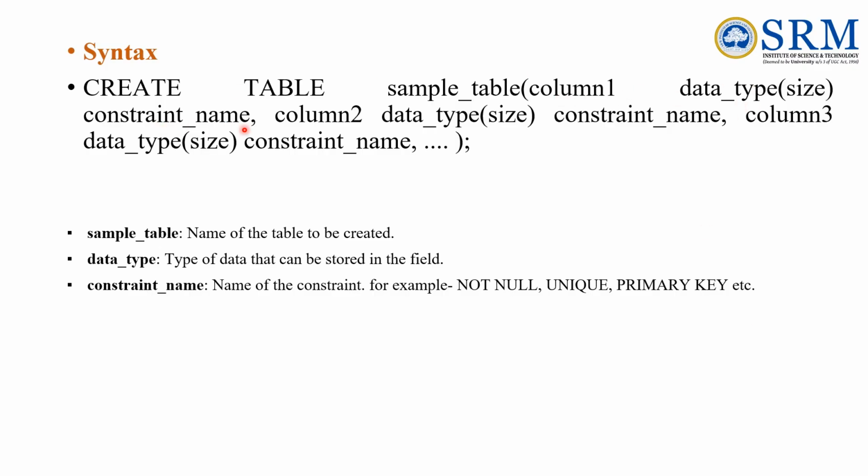In the place of the constraint name, we can give whatever constraint is necessary, like CHECK constraint, PRIMARY KEY, NOT NULL constraint, or UNIQUE constraint. All these constraints we can add while creating our table.